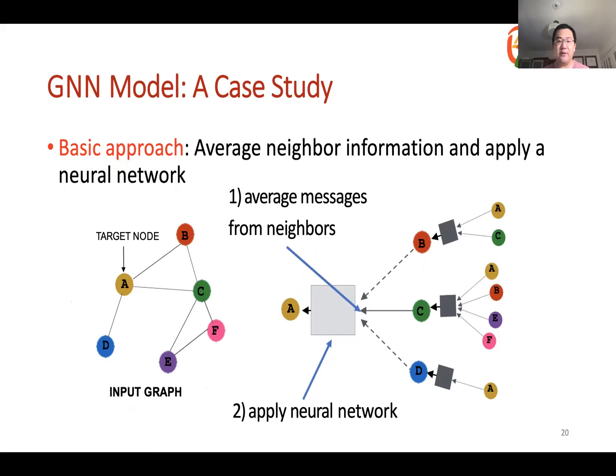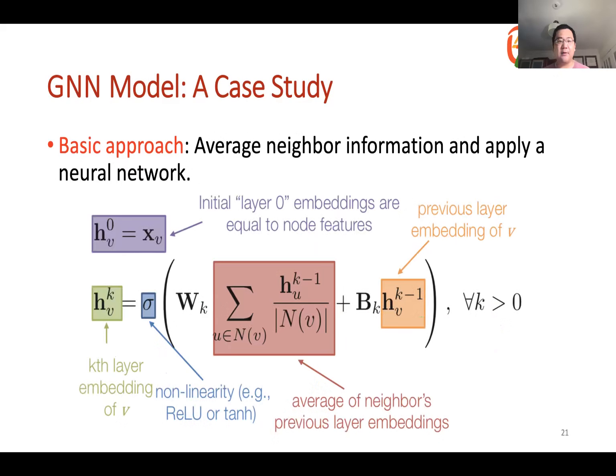Here we just give a very simple aggregation function, for example, the average neighborhood function, which just averages messages from the neighborhood. And then we can apply a neural network to generate the final result. Here is the basic math behind this whole process. The purple box here shows that at the very beginning, we only have an initial node attribute. And then we do the average aggregation to average the neighborhood layer embedding to formulate a message.